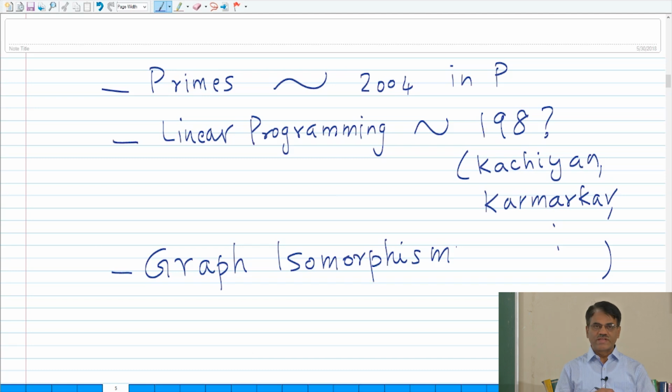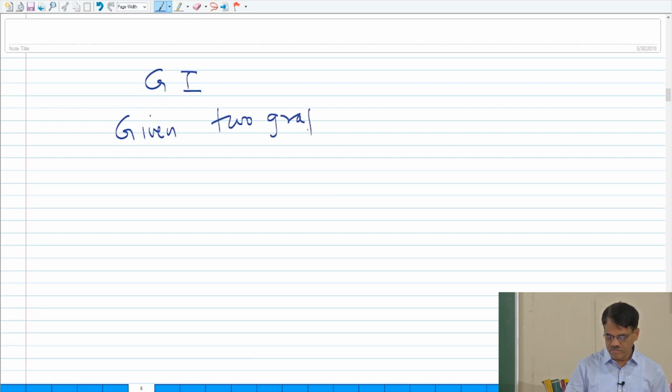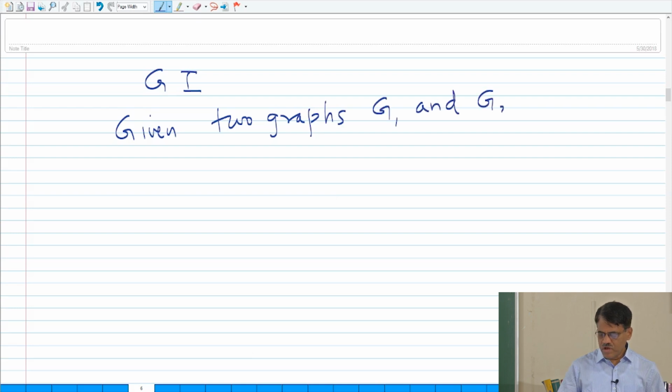It has some origins in chemistry where they were producing all these molecules which have a graph structure, and you want to know whether a new molecule that's produced is actually existing in your database or is it different. Okay, so what is the graph isomorphism problem? Given two graphs, you really want to know whether they are the same.